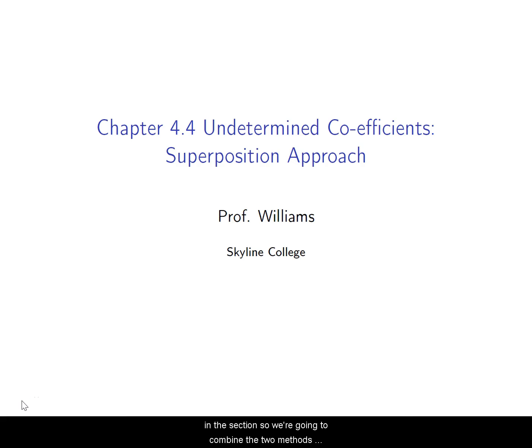Okay, so we're going to combine the two methods. We're going to solve the homogeneous equation by turning it into an algebra problem and factoring, and then we're going to apply these methods by looking at the form of the non-homogeneous portion of the equation and use that to try to figure out what our particular solution looks like.